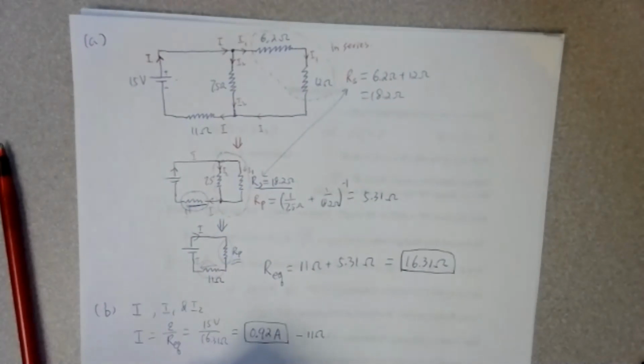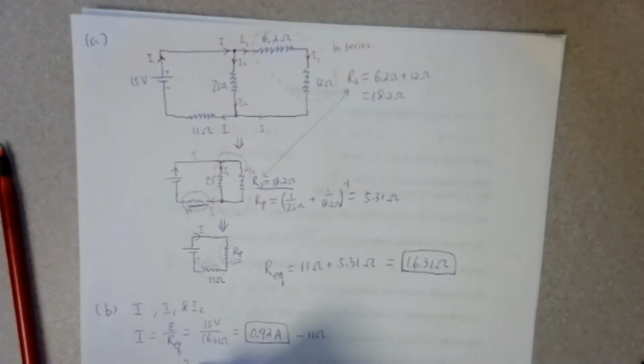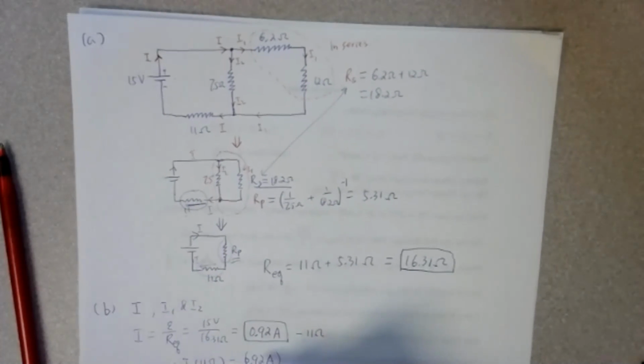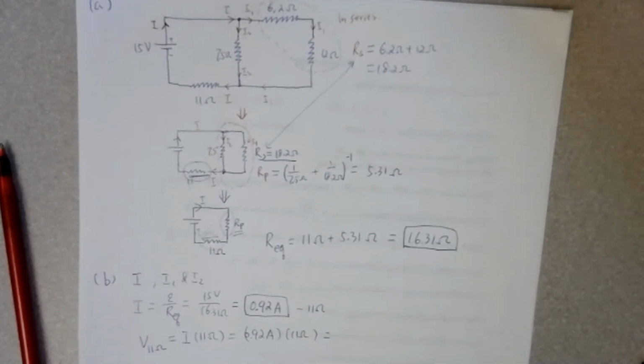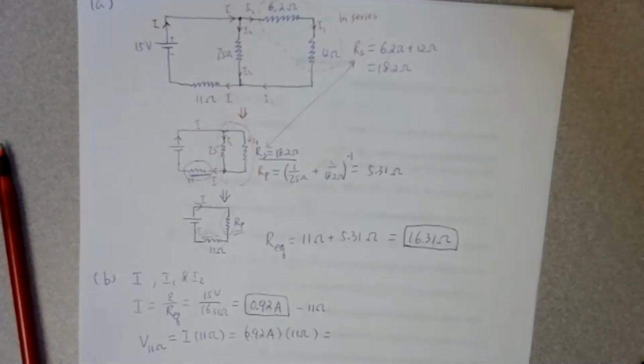Let me just put it down as V sub 11 ohm. That should be equal to the I on the 11 ohm times the 11 ohms. So 0.92 amps times my 11 ohms should give you the voltage across the 11 ohms.